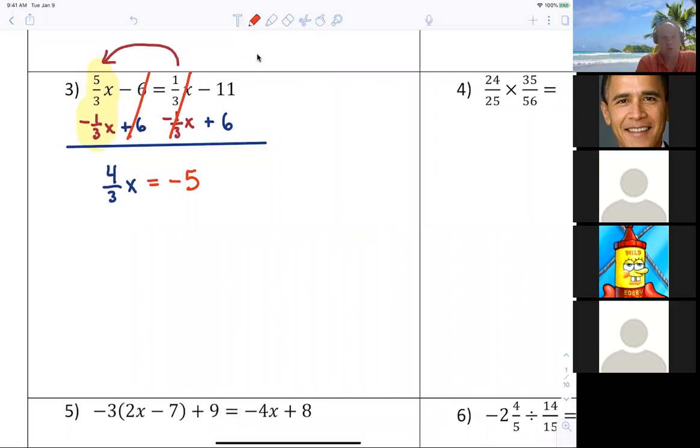Now, we're going to multiply by the reciprocal. The reciprocal is 3/4, times 3/4. This goes away. X equals negative 15 over 4, because again, 5 over 1.